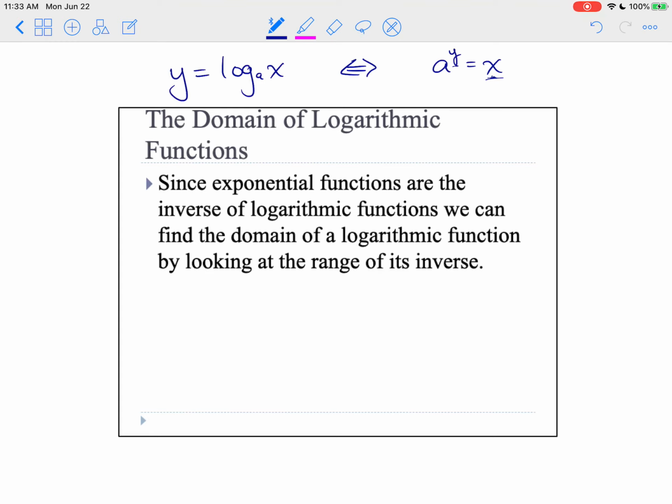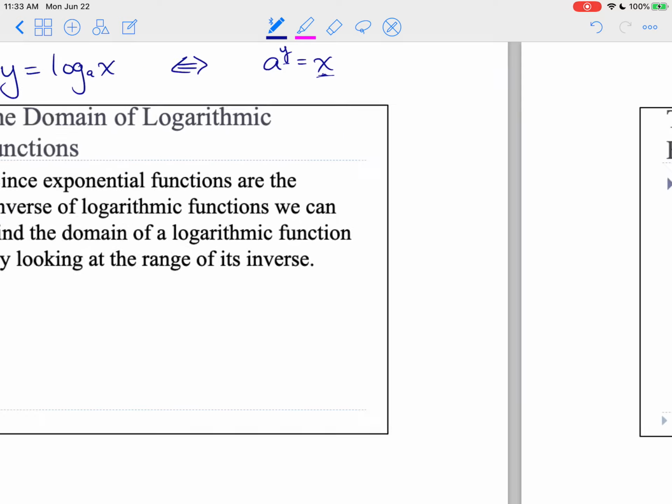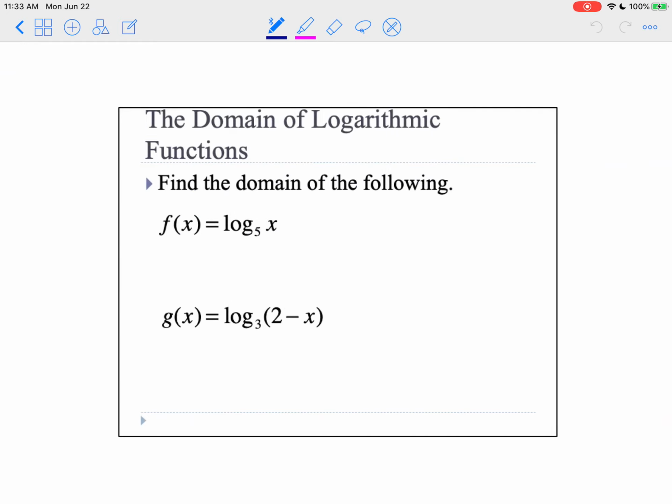So what we're going to do, to find the domain of these logarithmic functions, is actually find the range of the exponential function that goes along with it. So if we're looking for the domain of log base 5 of x, if we think of this as y equals log base 5 of x, and rearrange things, this would be 5 to the y equals x.